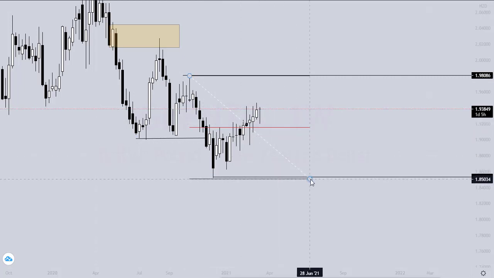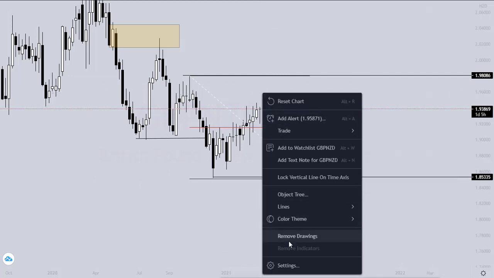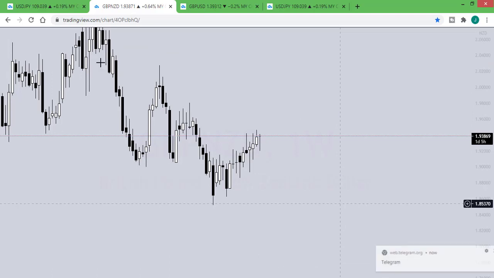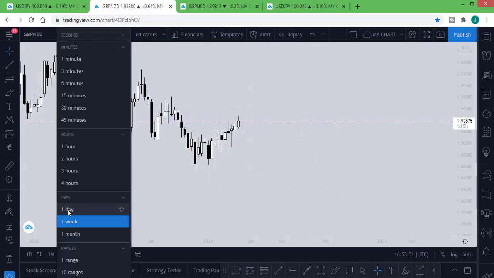Now let's switch to lower time frame structure, and we will start this range from this movement up to there, and you will start seeing how structure is really amazing. I have to remove these drawings. Let me switch to daily.